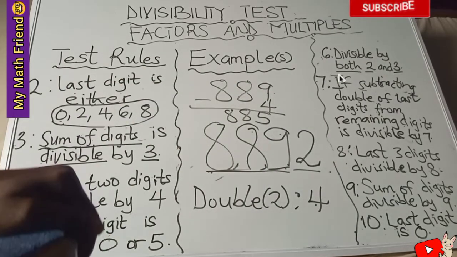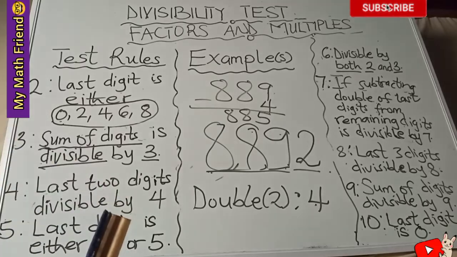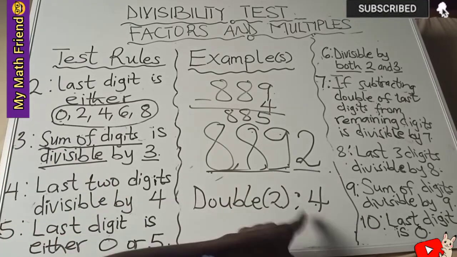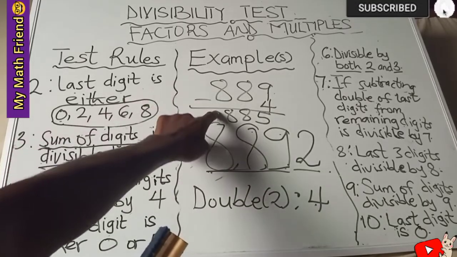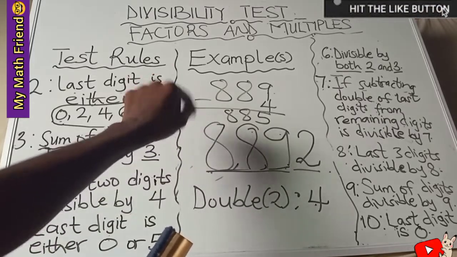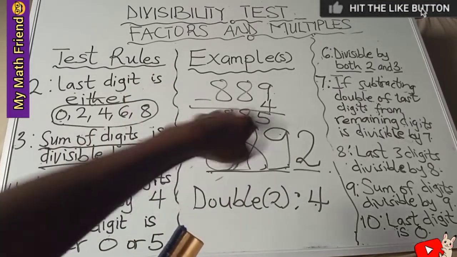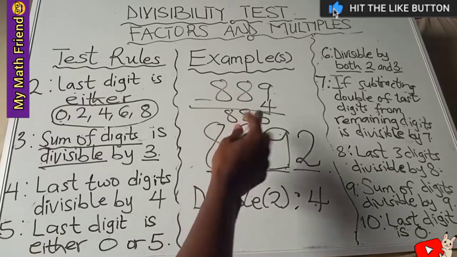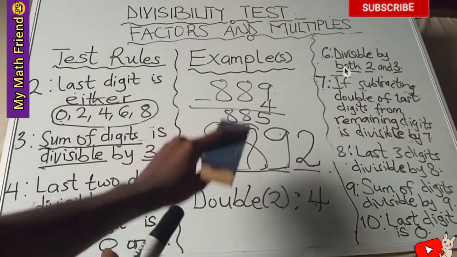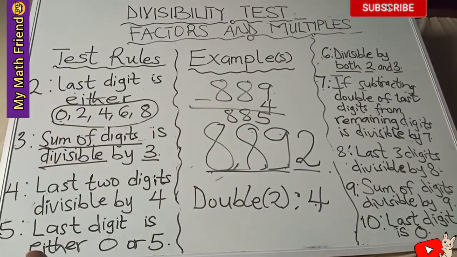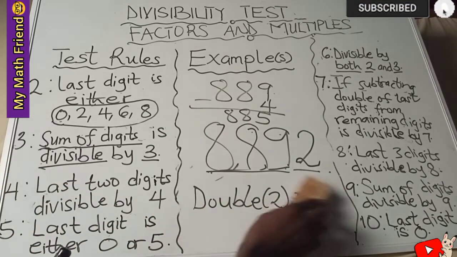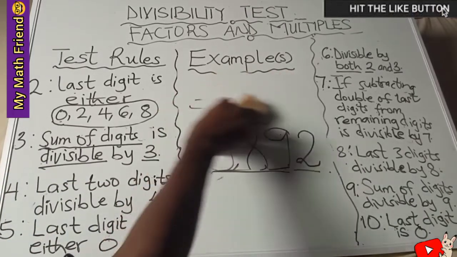So it said if after you subtract double of the last digit, which is 4, from the remaining digits, the answer is divisible by 7. The answer we got was 885. Is 885 divisible by 7?